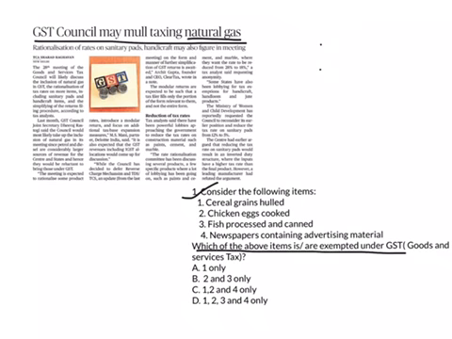In mains, you have this topic in GS paper 3, Indian economy and development, and you can get questions like what are the implications of GST in the Indian economy, elucidate. Try to have a perspective on this type of topic, that is what are the effects of GST, whether they are positive effects, whether they are negative effects, and if there are any negative effects, what are the solutions for it. Try to have a perspective on that.